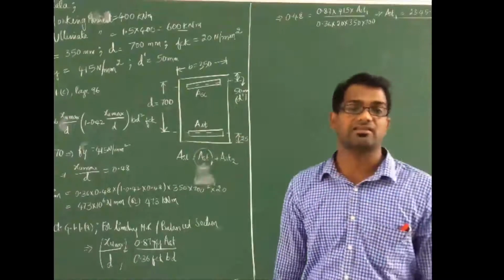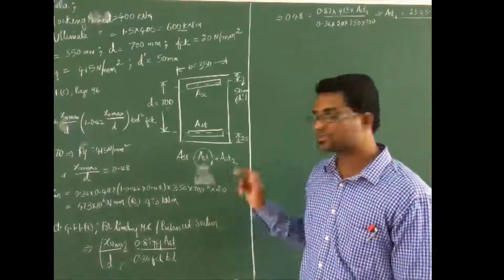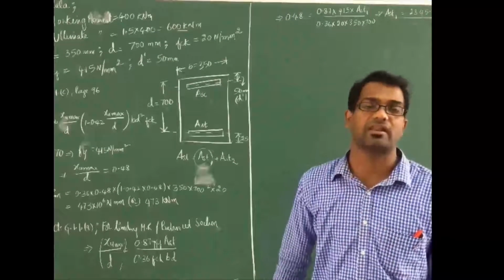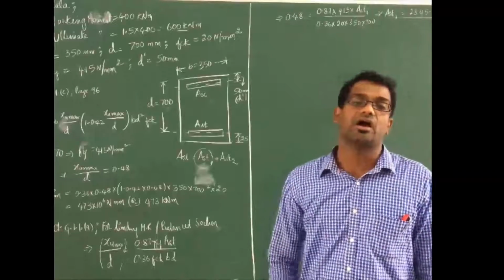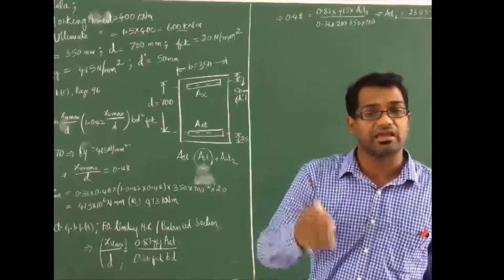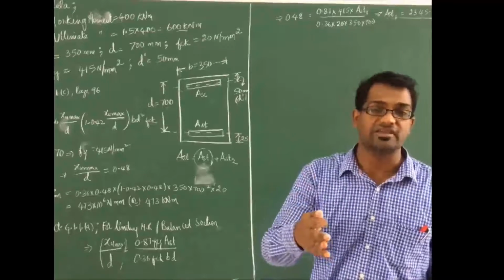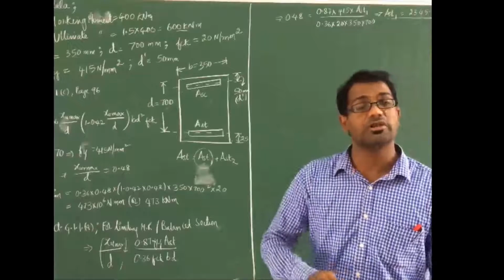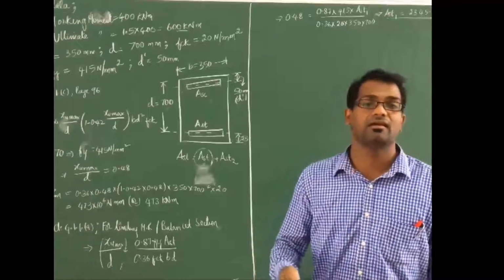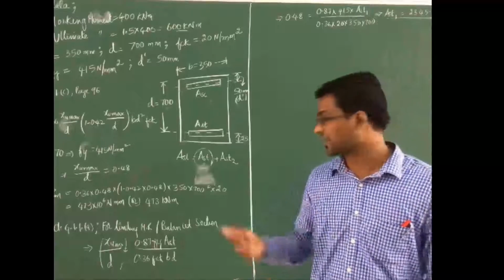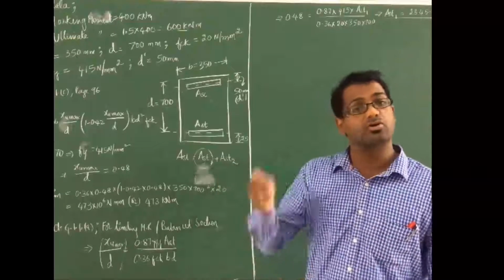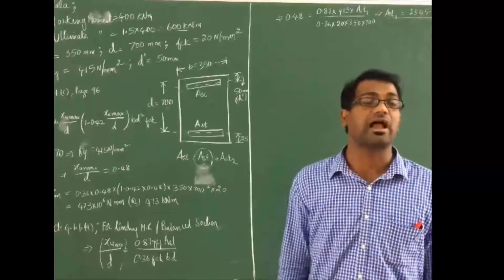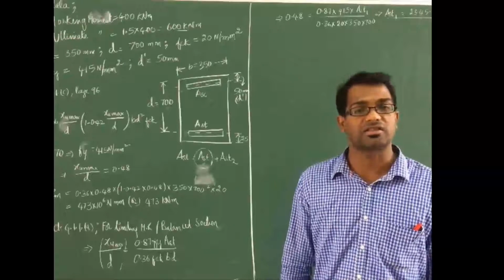In annex G 1.2, AST2 is again dependent on ASC. If you take a look at the calculation of AST2, which is given in the IS code book, it is given by AST2 equals FSC ASC by 0.87 Fy. So you need to calculate ASC, then FSC, then you can calculate AST2, right? In order to calculate FSC, as in the previous class, we need to calculate the ultimate strain in the steel in compression zone.